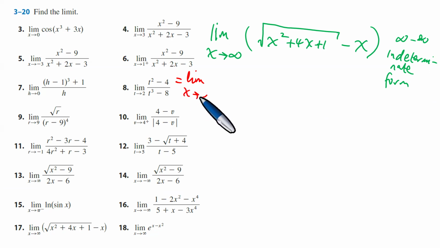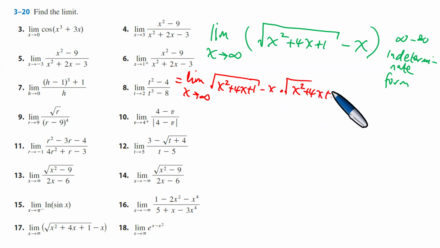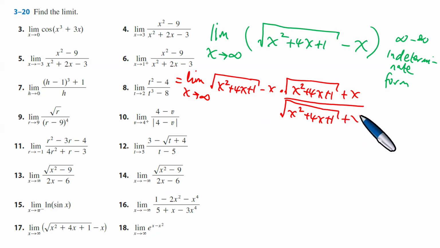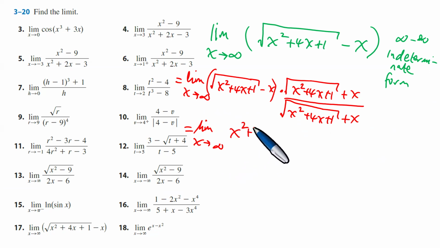So with the limit as x approaches infinity, we'd have the square root of x squared plus 4x plus 1 minus x. If you multiply by the square root of x squared plus 4x plus 1 plus x, divided by the square root of x squared plus 4x plus 1 plus x, in the end we multiply this with that, which is x squared plus 4x plus 1 minus x squared, divided by the square root of x squared plus 4x plus 1 plus x.